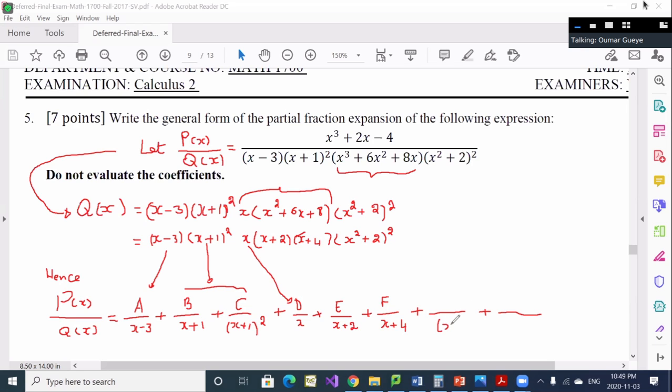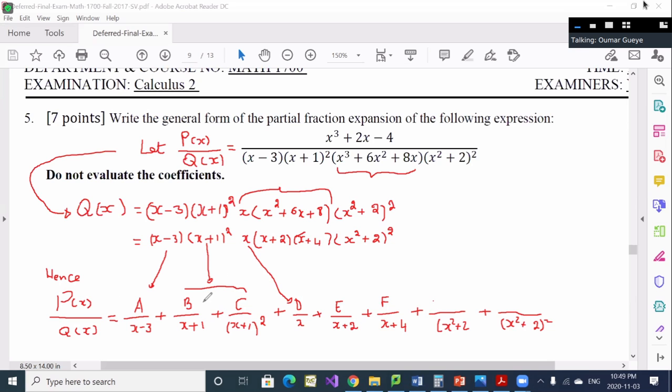So we have here x squared plus 2. And here it's going to be (x squared plus 2) squared because it's repeated twice. It's exactly the same thing that I did for the linear factor. So here we have the quadratic factor to the power 2.